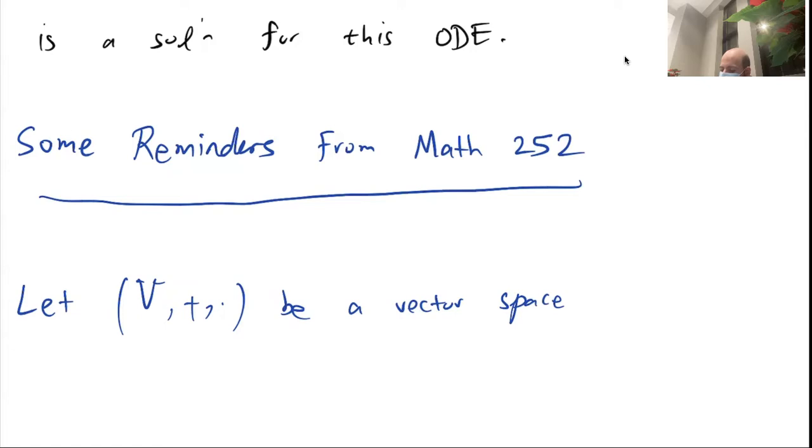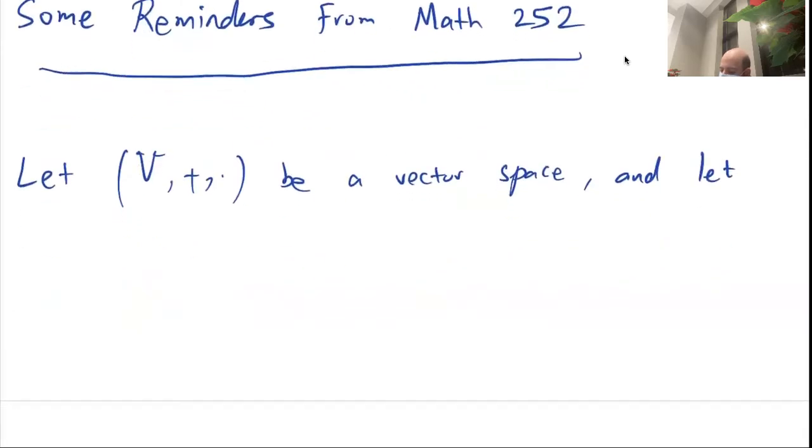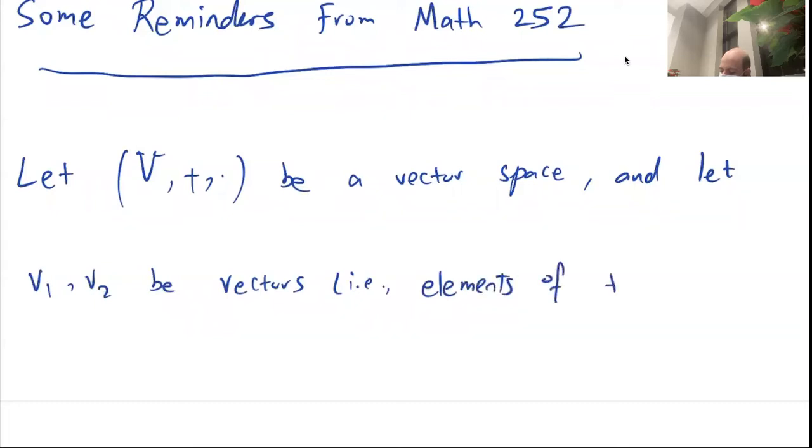Now, if you have a vector space, let small v1 and small v2 be vectors. Vector means elements of this vector space.